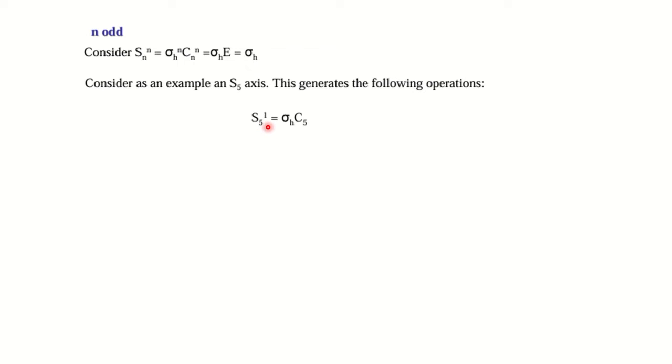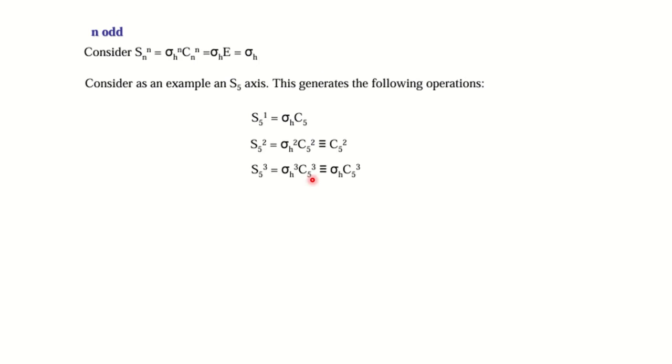So we go S5^1, which means reflection followed by rotation, which is C5. You cannot reduce it further. S5^2, you can write as sigma h^2 and C5^2. Sigma h^2 means you are multiplying sigma h 2 times, which gives you the identity operation, that is 1. And if you multiply 1 with C5^2, you get C5^2.